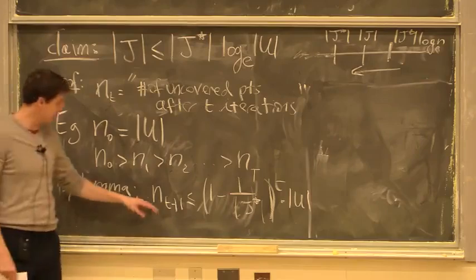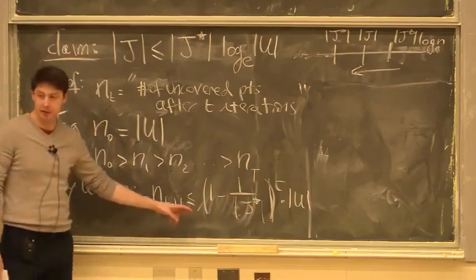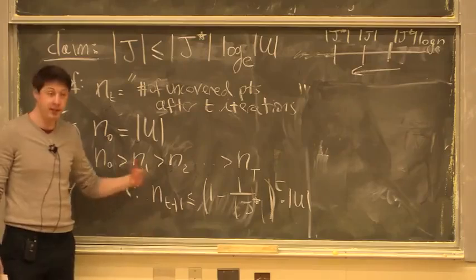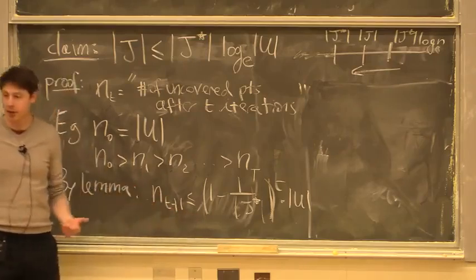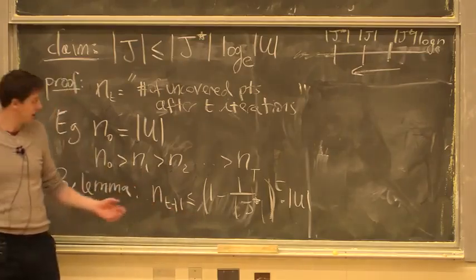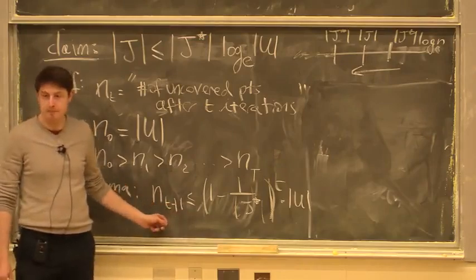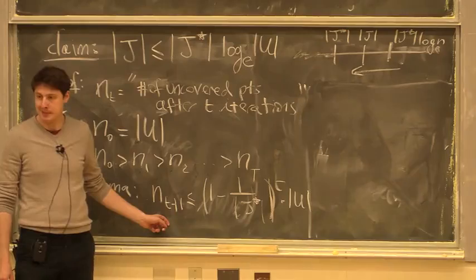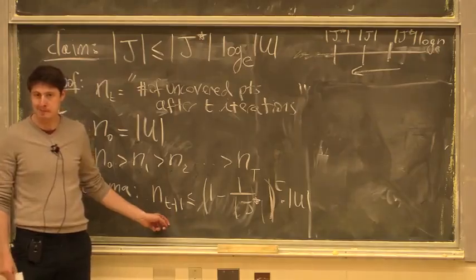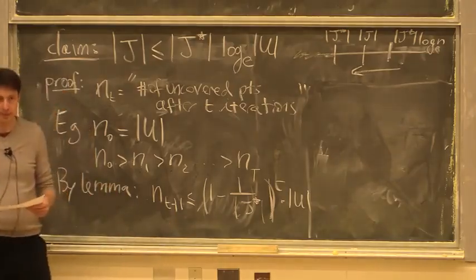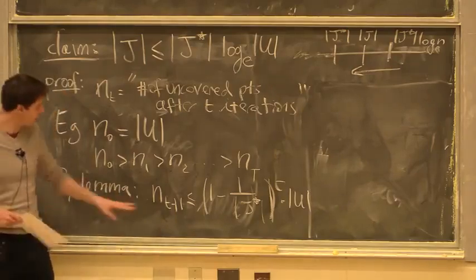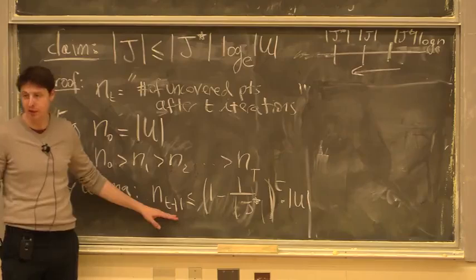So this is saying that this is pretty small after t iterations. How many iterations do I need to do in order to be done? So how small does nt plus 1 need to be in order for me to know that I'm done?